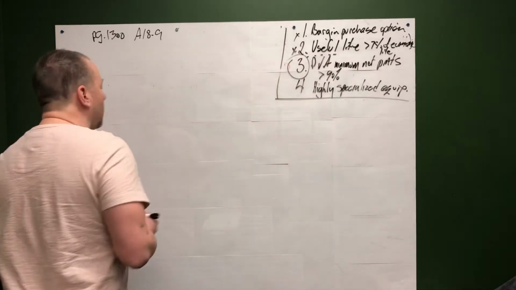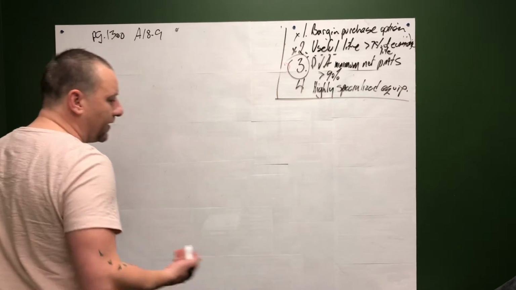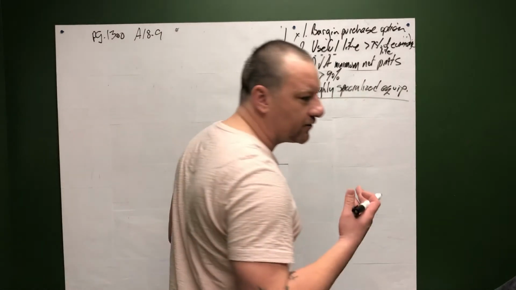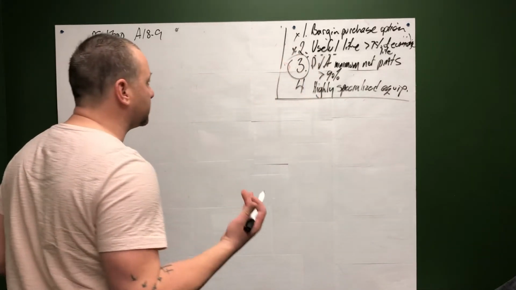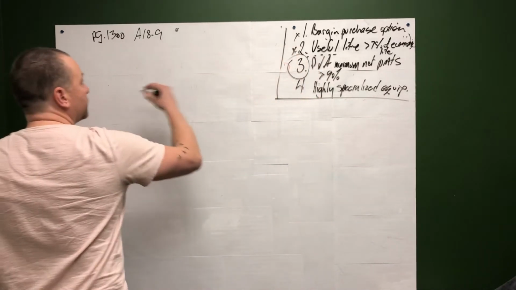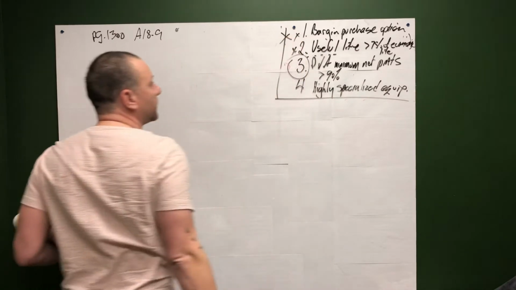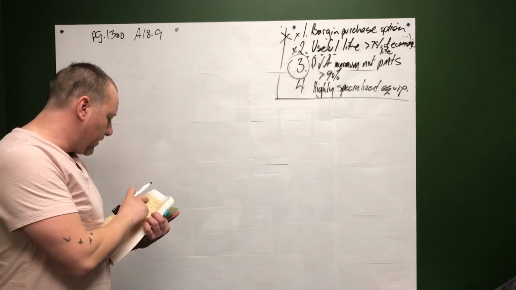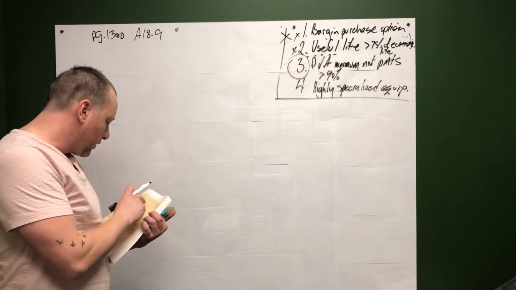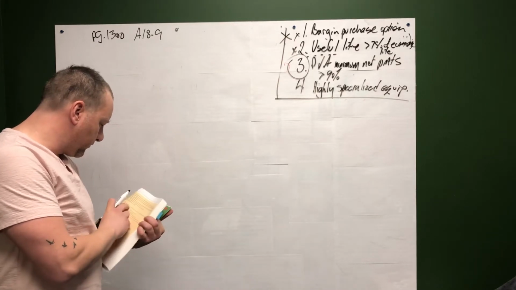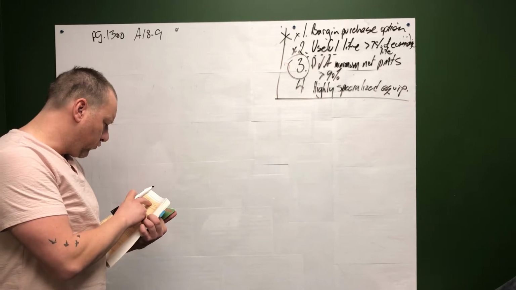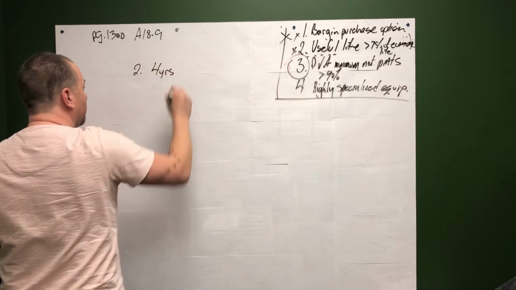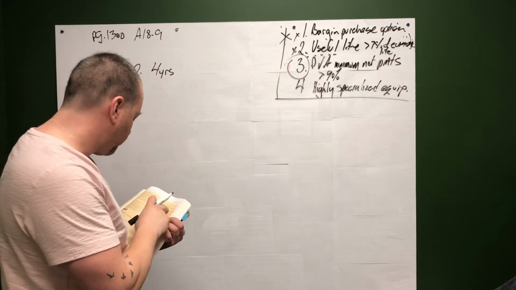Okay, so first of all, let's figure out, is this going to go on our balance sheet? Now, it's going to go on our balance sheet if it's a finance lease. So is there a bargain purchase option? No. What's the useful life? So how much are we going to use this for? Our first lease is for how many years? 4 years. Okay, so 4 years, plus we have an option.